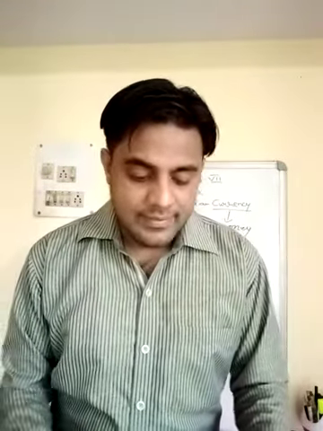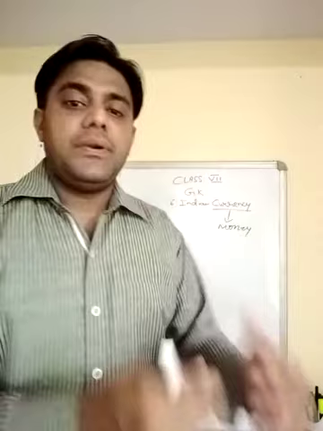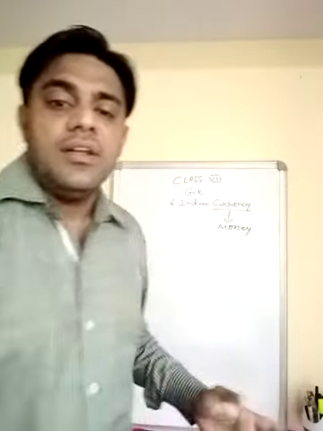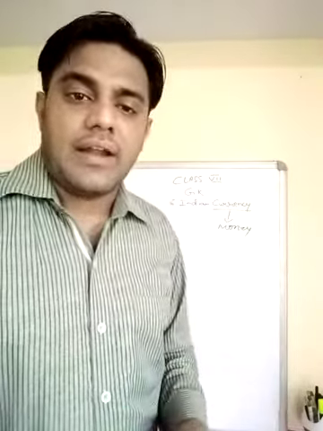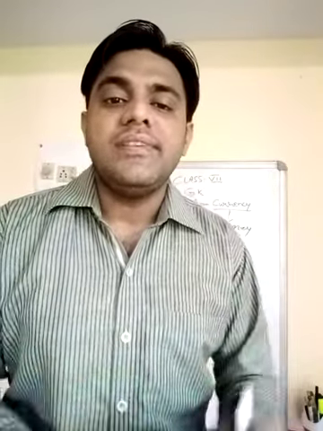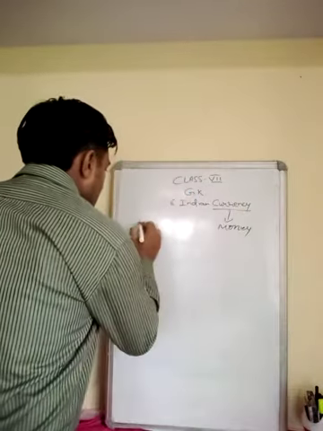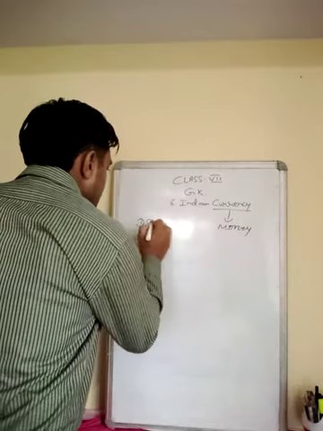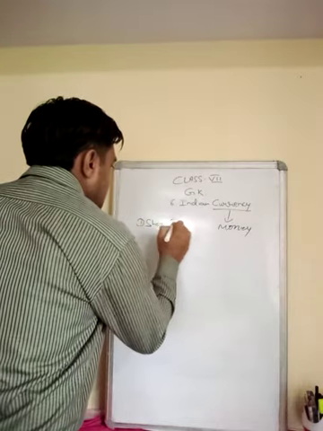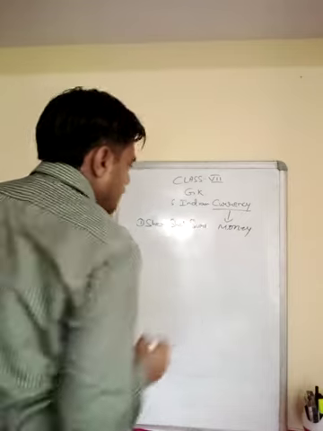This king's rupiah became the forerunner of the modern rupee. Forerunner meaning predecessor. Means from here the modern rupee system started. This particular king was the first to introduce the currency which he called rupiah. And your answer is Sher Shah Suri.